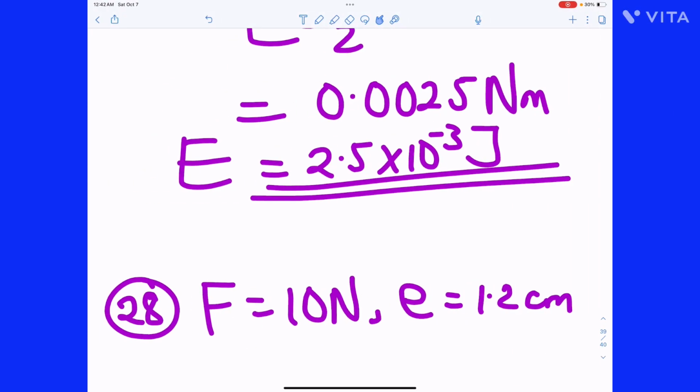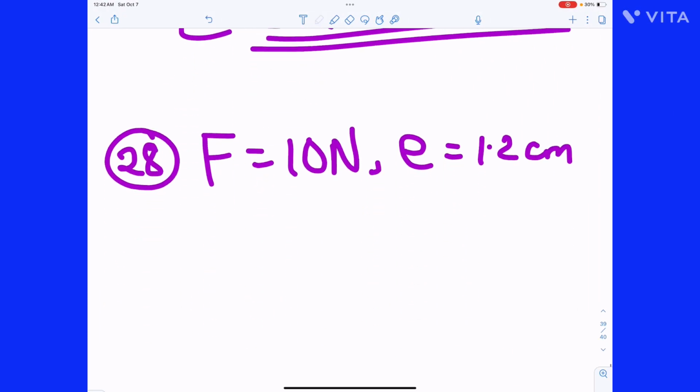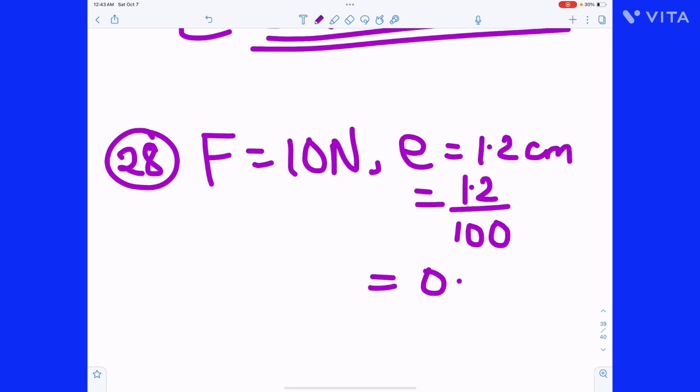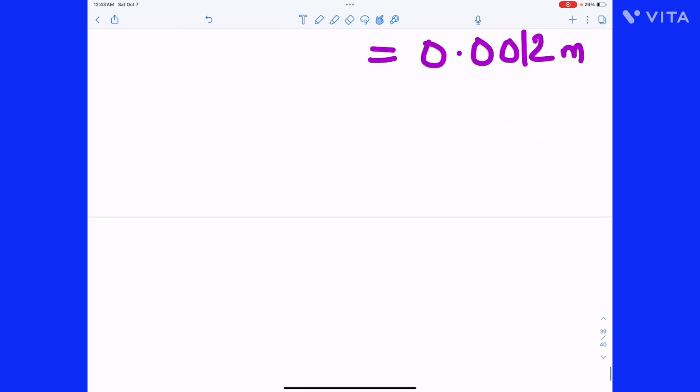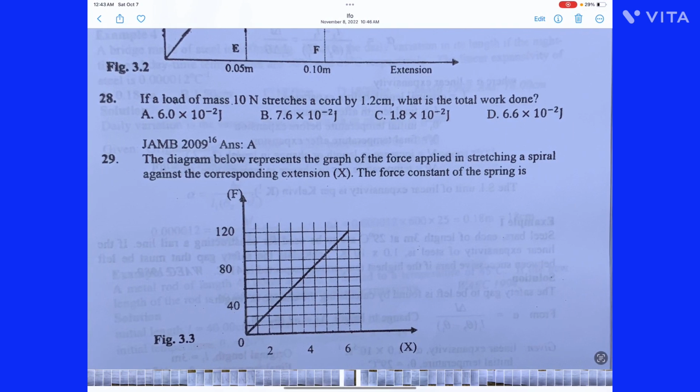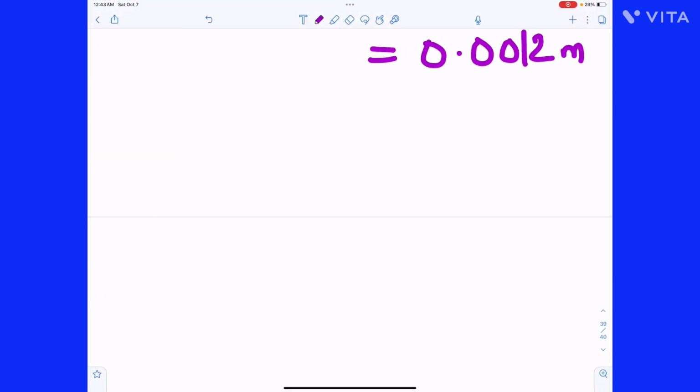Okay, this is a simple question. First thing we need to do is change our extension to SI unit. 1.2 over 100 will give 0.0012 meters. So the total work done will be half FE.